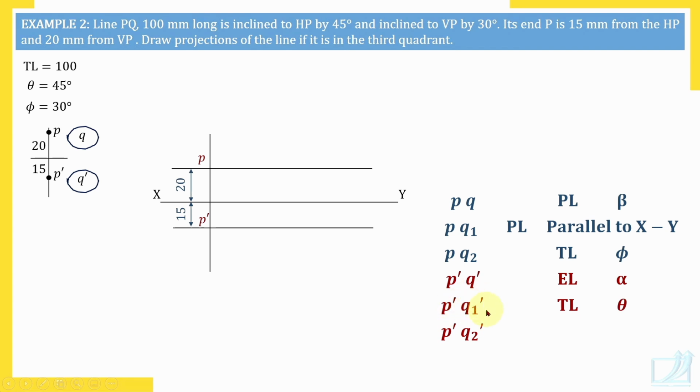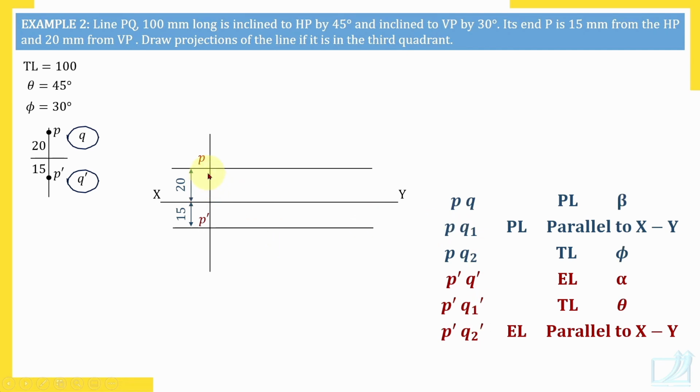Front view gives details with HP. So this is true inclination with HP. And P dash Q2 dash is EL and parallel to XY line. EL is horizontal view. If you draw this table 100 times on a paper, it is of no use. If you solve problems by consciously using this information, automatically you will be able to remember it. So initially, keep this information always in front of you when you start solving problems.